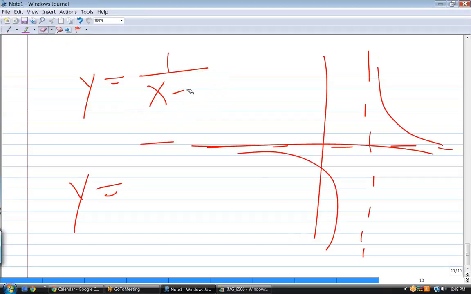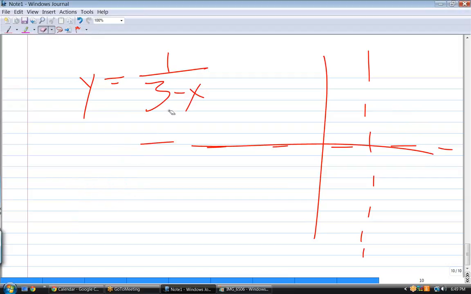If I change this denominator to 3 minus x, that changes everything. Now I have a negative sign in front of the x, and it's a little hard to just jump to the conclusion that that's going to be second and fourth. But you could. However, what if I make it minus 1 over 3 minus x?